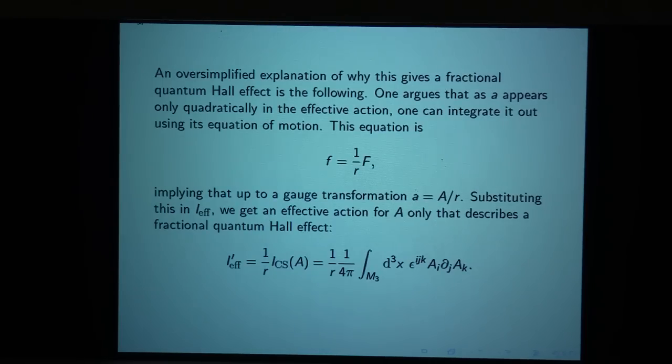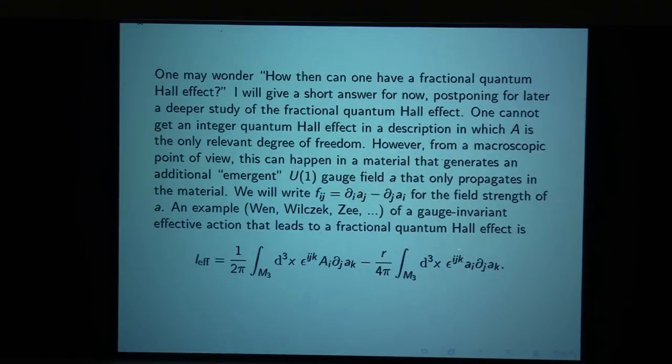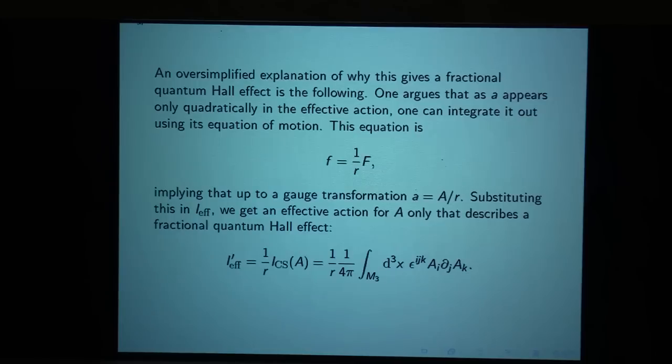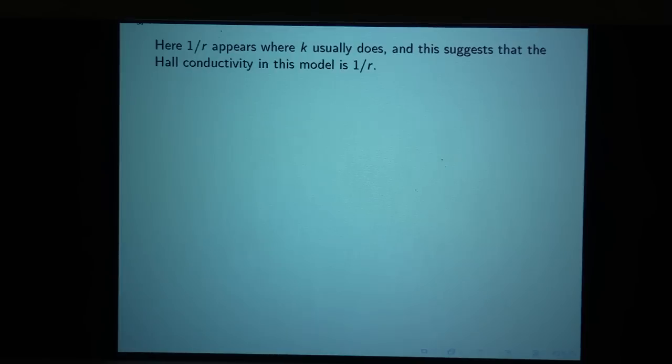The reason this happened was that since little a is 1 over r times big A, if you just substitute in, everything is a multiple of the Chern-Simons action for big A, but the multiple comes out to be 1 over r. So 1 over r appears where k usually does, and this suggests that the Hall conductivity is 1 over r.